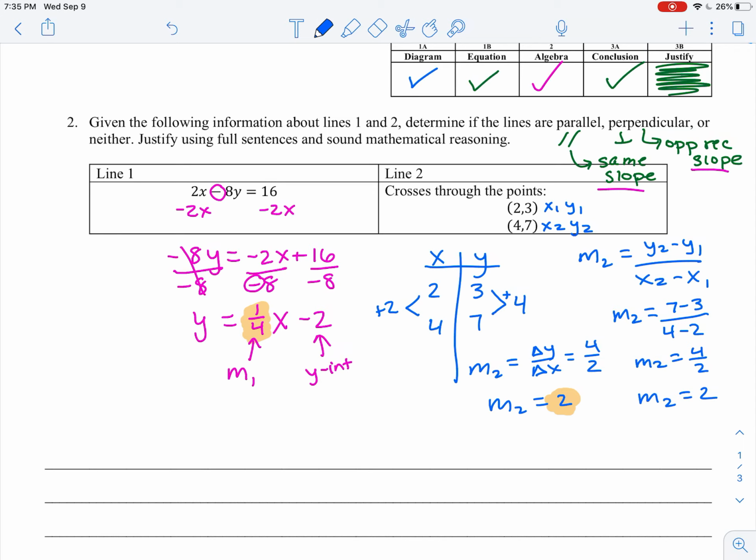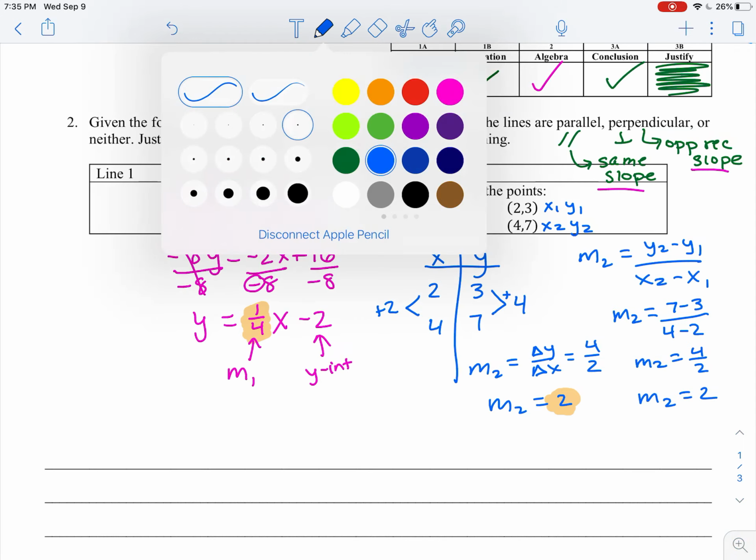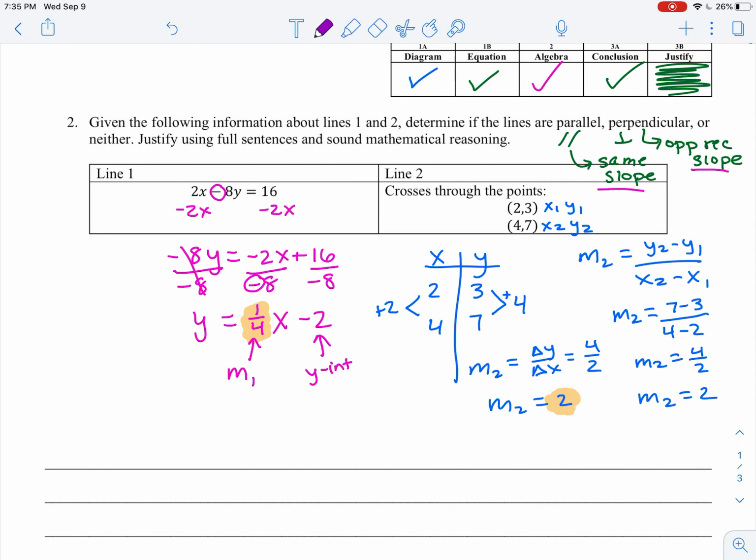Now, what I'm noticing about them is that they are not the same slope. So they can't be parallel. And they're not opposite reciprocal slopes, so they can't be perpendicular. So they are neither. If parallel, they would have the same slope.